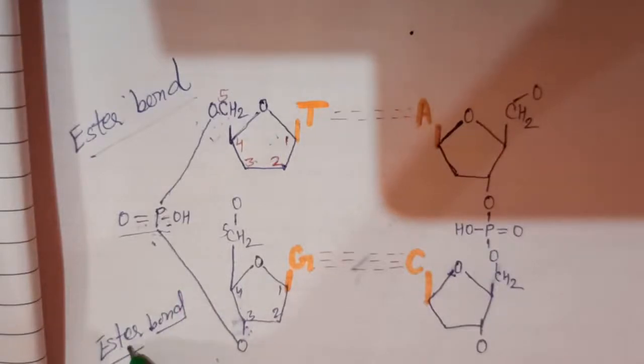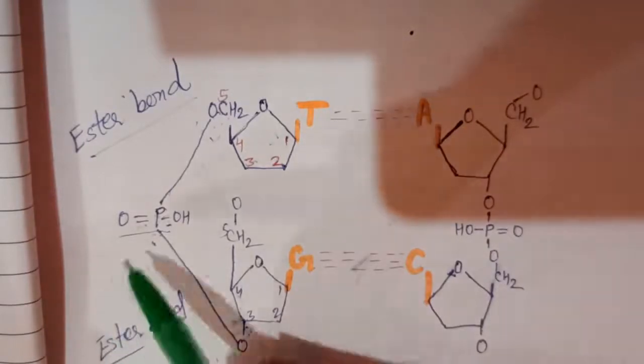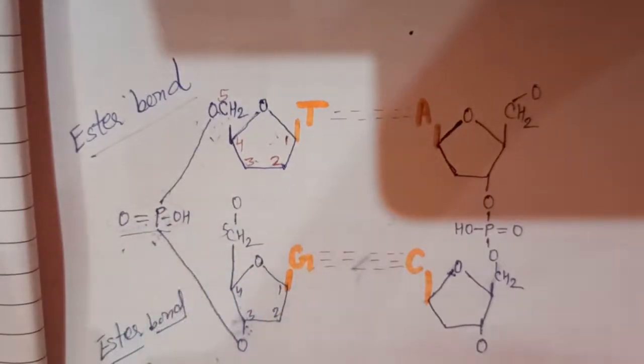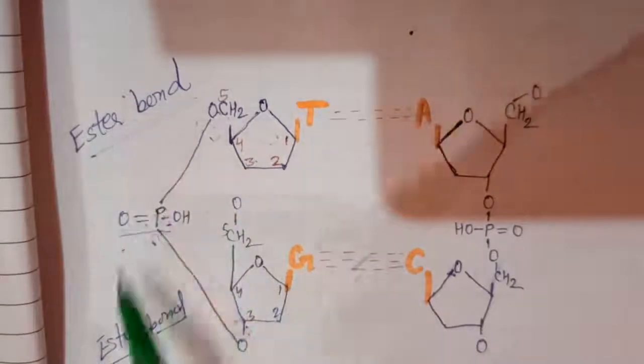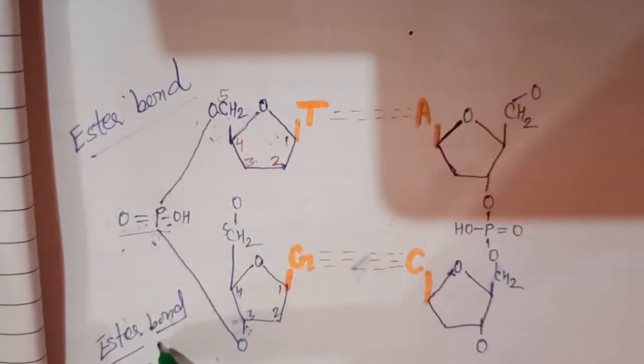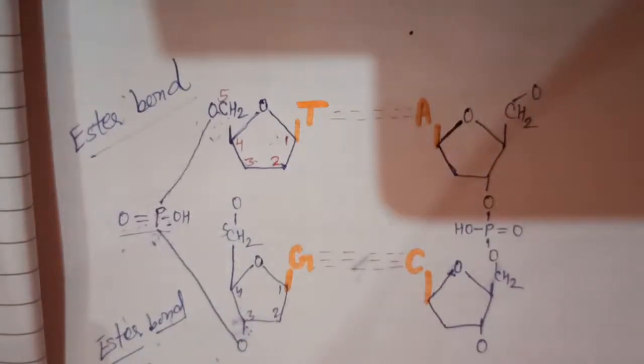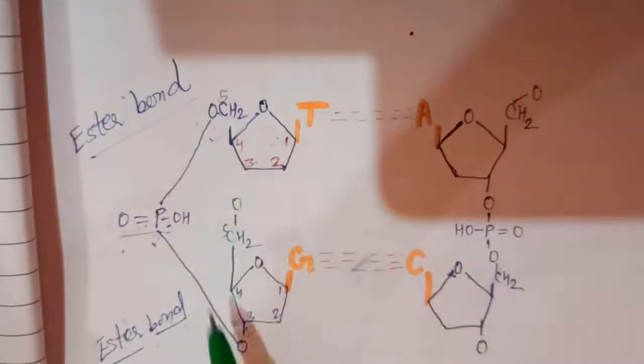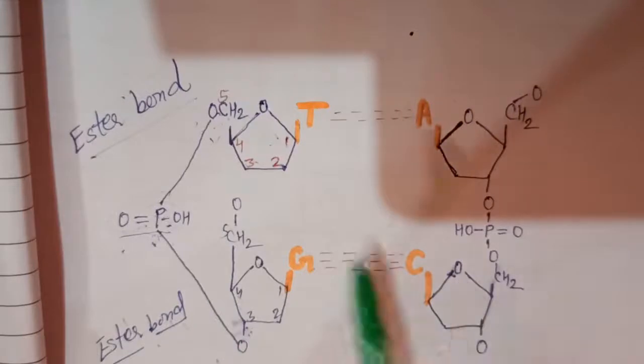In complete name you can say this is ester bond or phosphoester bond, because phosphate is attached here, and because 2 ester bonds are present here, it will be called phosphodiester bond. So you can say in nucleic acid these 2 polynucleotide chains are attached with each other by formation of phosphodiester bond, right? So like this 2 polynucleotide chains will be attached and a nucleic acid will be formed here.